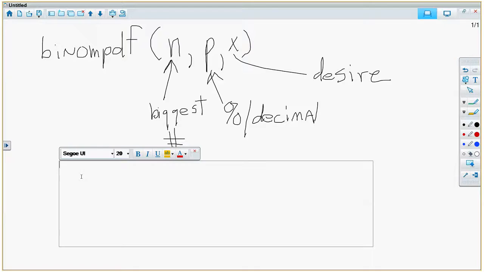A coin has been tested at 50 flips with having a probability of heads at 60% or 0.6.